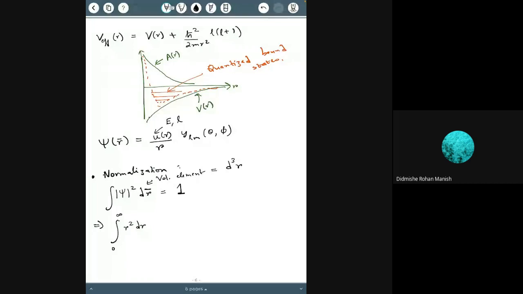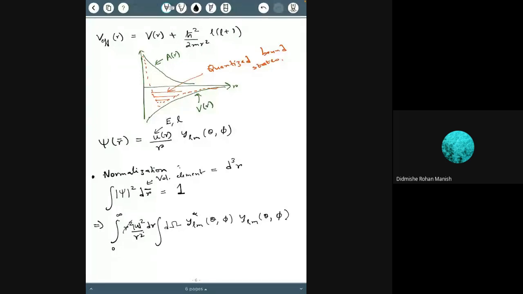And then the rest of it is integrated. Either you can do it over the solid angle, like I mentioned, or you could split it up into sine theta d theta d phi and put 0 to pi and 0 to 2 pi. And you have one more part that is now u squared by r squared. So that should go over here, right? You have mod u squared by r squared.